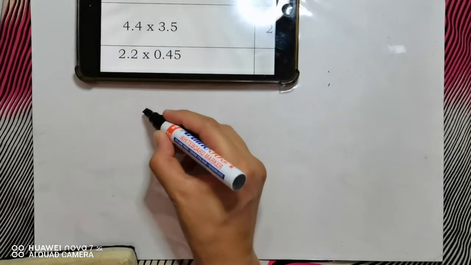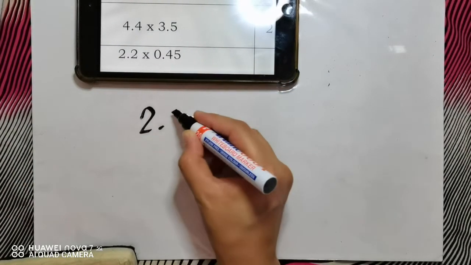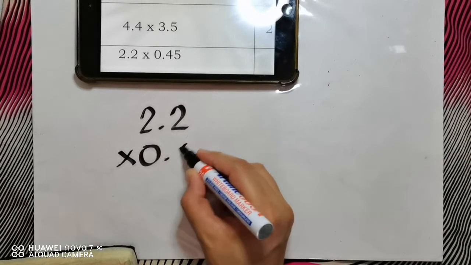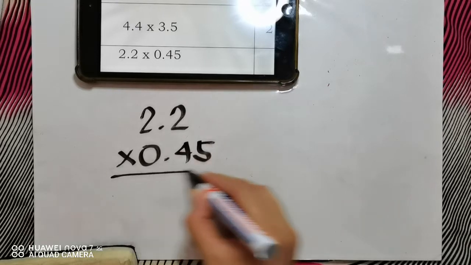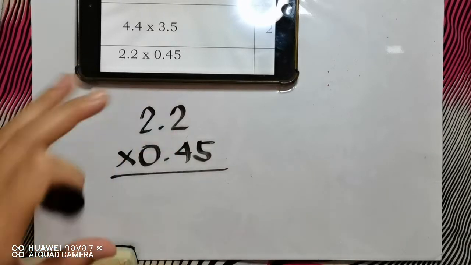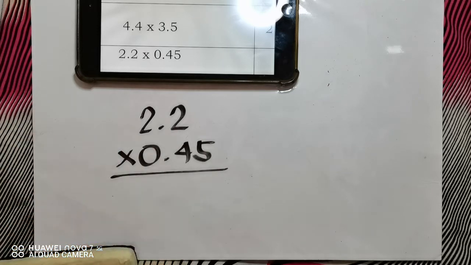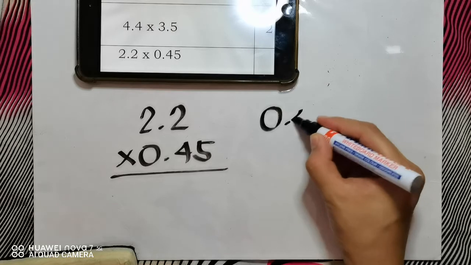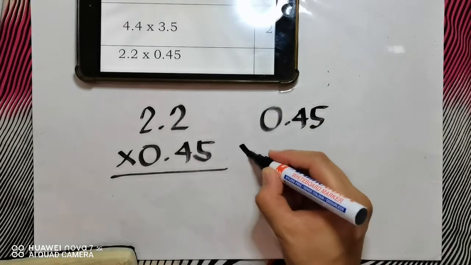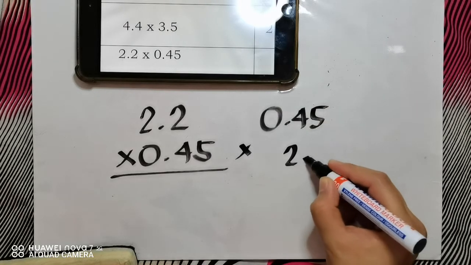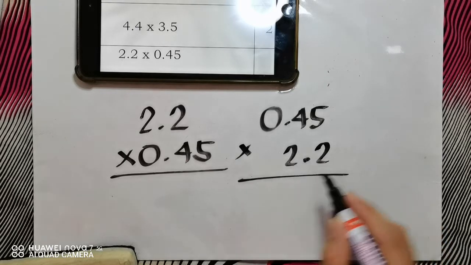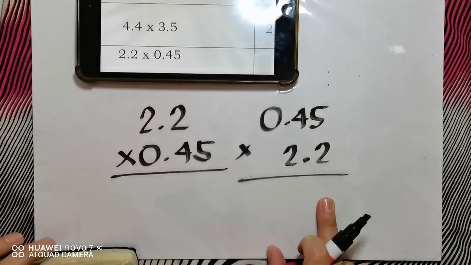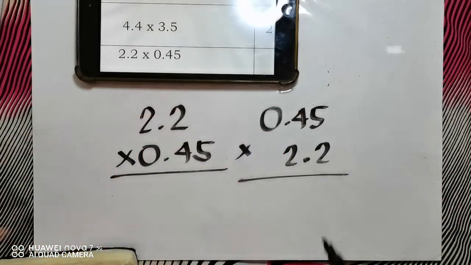We have 2 and 2/10 times 0 and 45 hundredths. Now, kung nalilito ka dito dahil mas marami dito kaysa sa taas, pwede mong baliktarin. So, you can use 0 and 45 hundredths times 2 and 2/10. Okay? Pwede to. It's up to you kung saan kayo mas magiging madali.